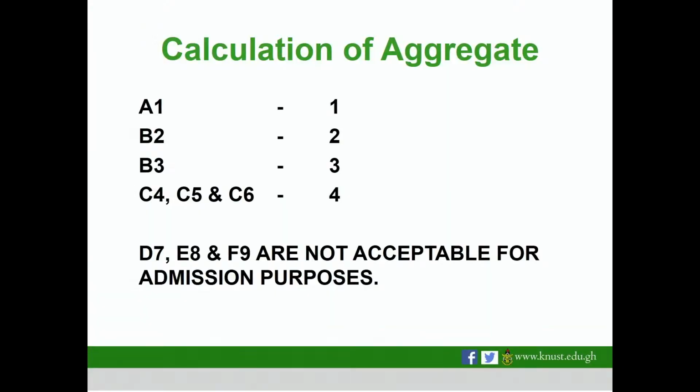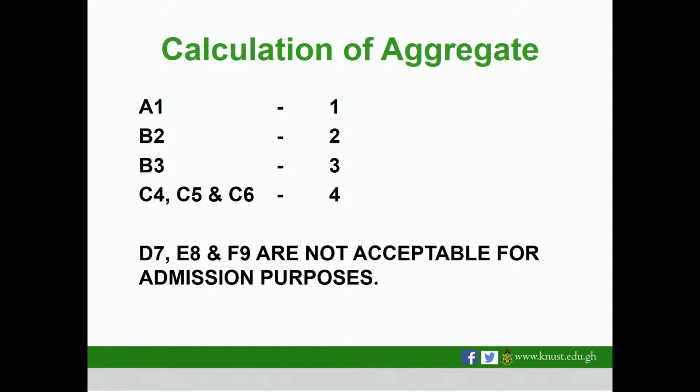According to the regulation, the basic requirement is aggregate C6. A student qualifies for admission into a tertiary education program with a minimum of aggregate C6. So from A1 to C6, one qualifies to be admitted in 6 subjects.